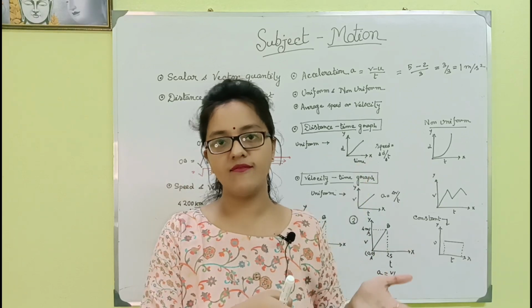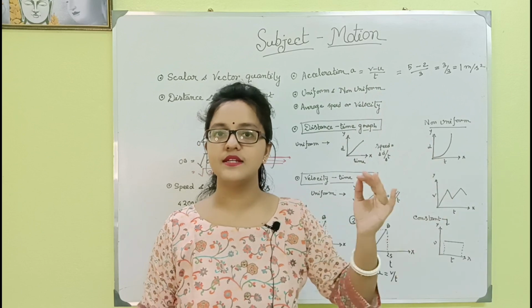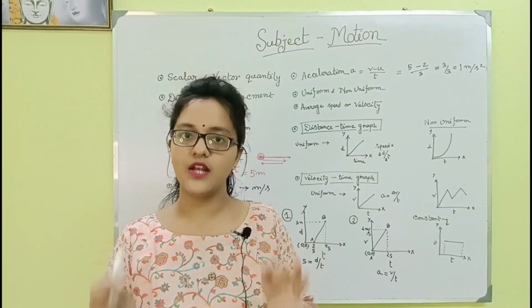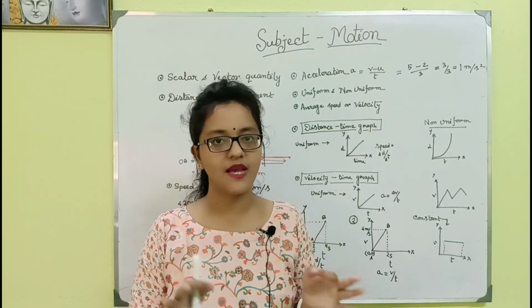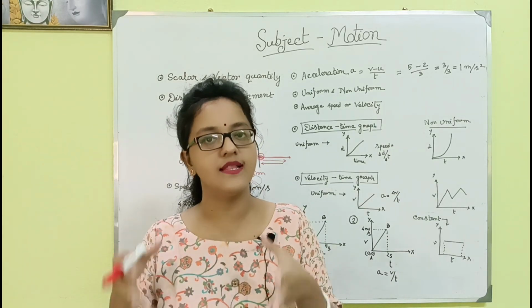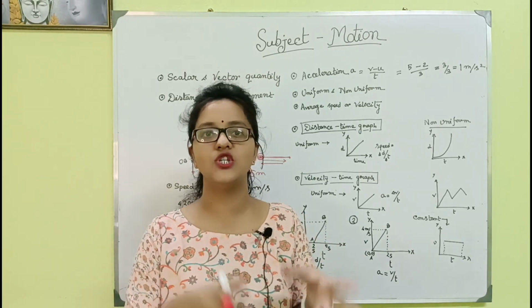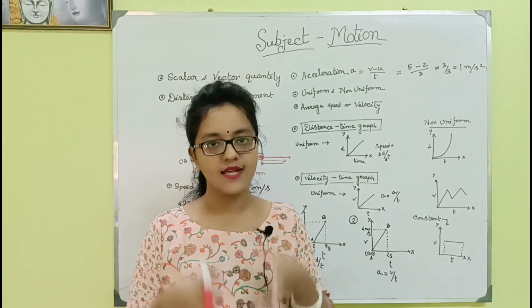So initial velocity is u, and final velocity is v. So the change in the velocity is v minus u, final minus initial, and this is divided by total time taken by the body. So v minus u, the change in velocity divided by change in time t, is acceleration.